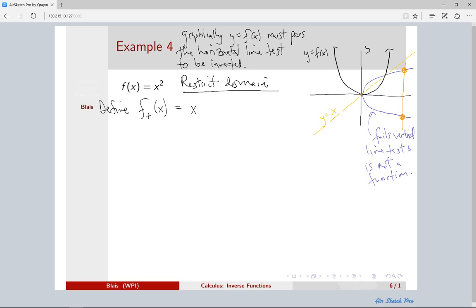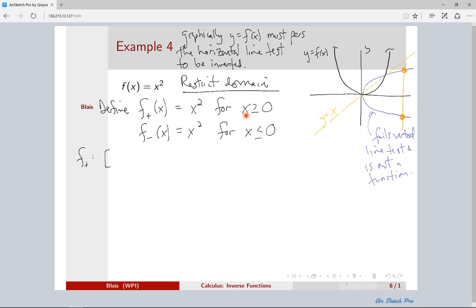to be x squared for x greater than or equal to 0 and f minus of x to be x squared for x less than 0. We can even stick with less than or equal to 0. Now in this case, and we're going to use some new notation, f plus has a domain.